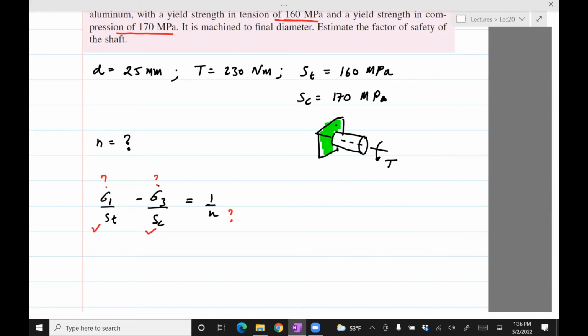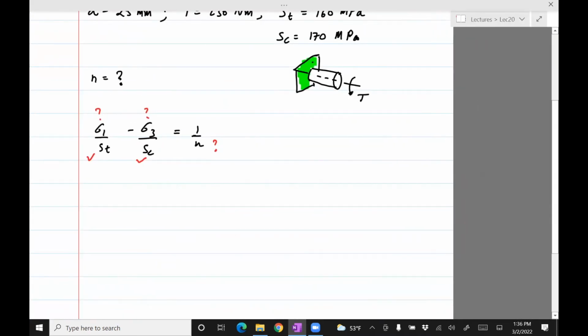Okay, so we have to look at what the stress is when a shaft is torqued. When a shaft is torqued, we have a shear stress given by T rho divided by J, right? Rho is some radius, it doesn't have to be the diameter.